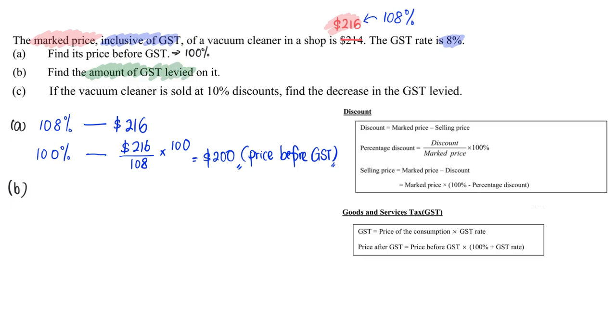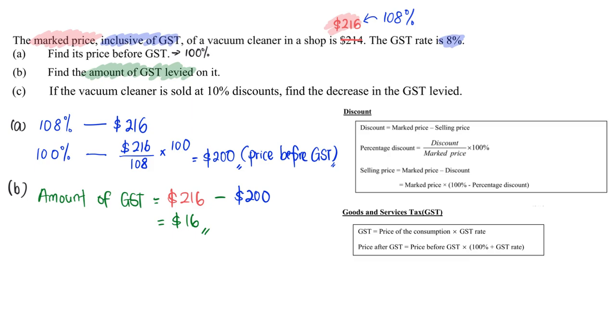Levied means taxed, okay? So the amount of GST in this case is simply the price with GST minus away the price before GST, and that will be $16.